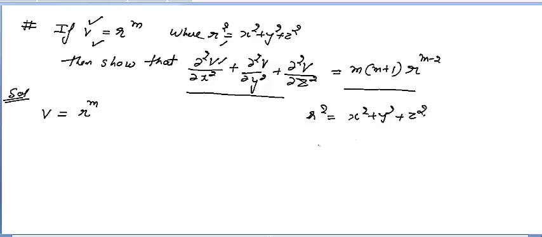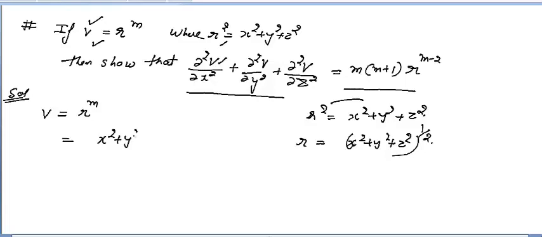So you can find the value of r from here: x square plus y square plus z square, whole raised to power 1 by 2, the square root. Power m is there, so you will get m by 2. So this is your final v.